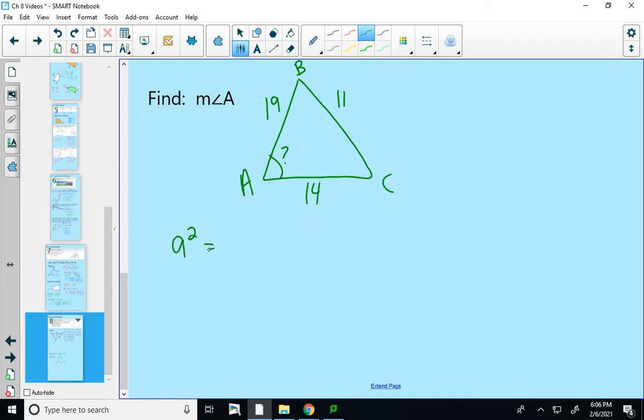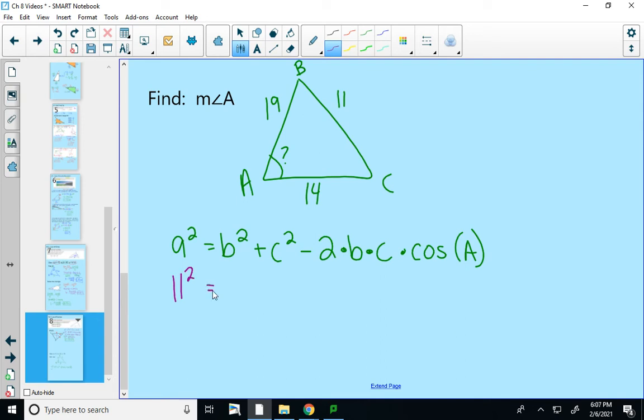a squared equals b squared plus c squared minus 2bc times the cosine of angle A. So side a, it looks like, is 11.